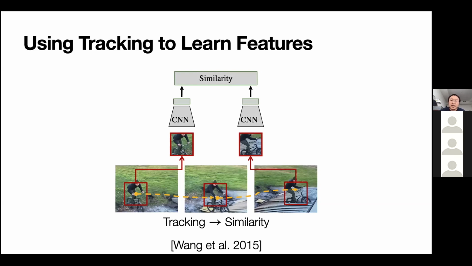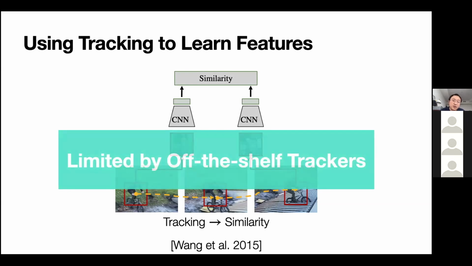This kind of metric learning is also very popular right now, called contrastive learning. The problem of this method is that tracking is actually very difficult, so this work ends up being limited by the weakness of the off-the-shelf tools they rely on.